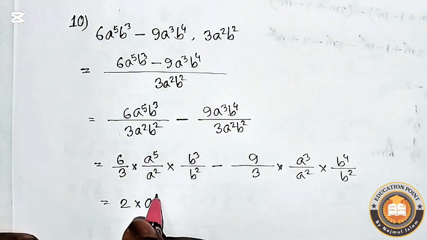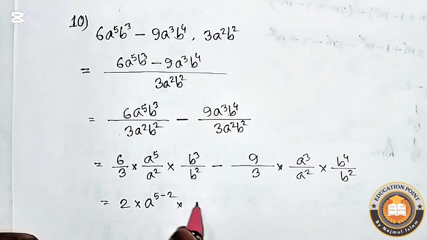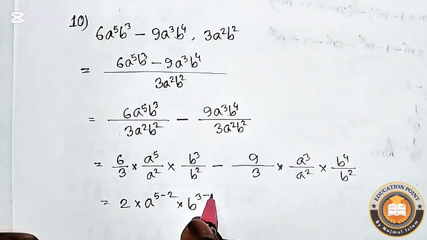Here similar base a, their power 5 minus 2, into similar base b, their power 3 minus 2.